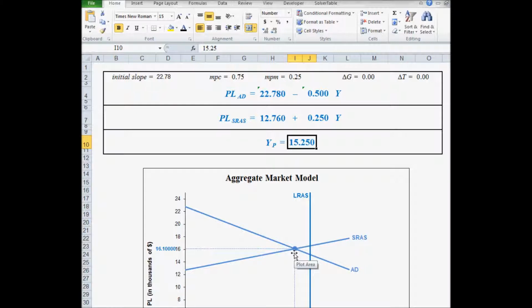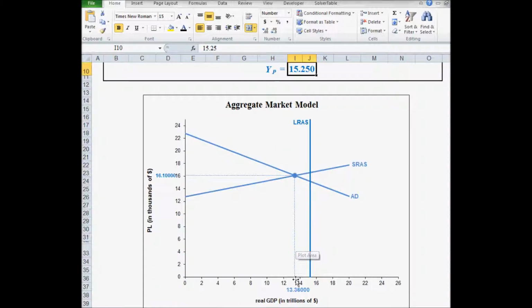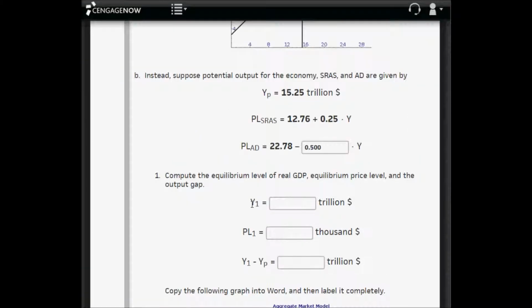The initial equilibrium in scenario B has the same GDP level that was the case in scenario A initially, 13.360.